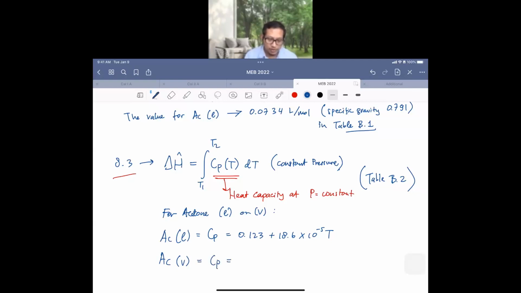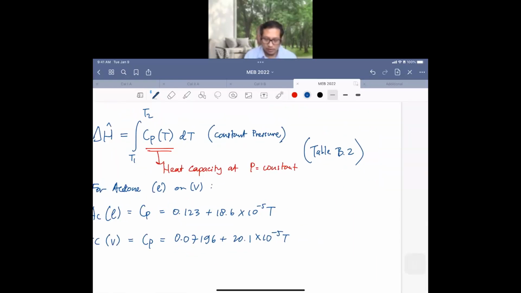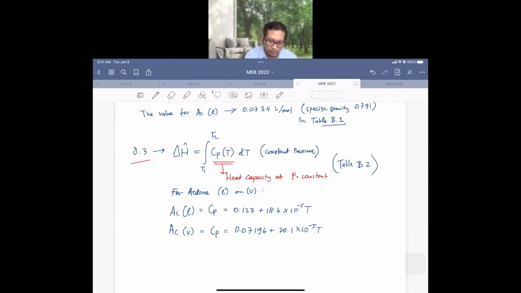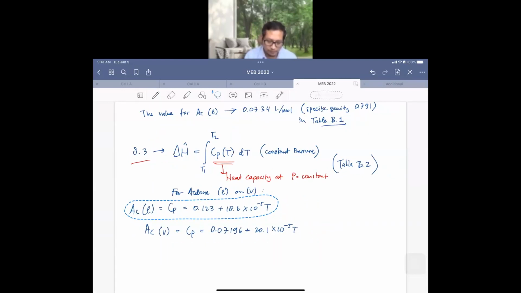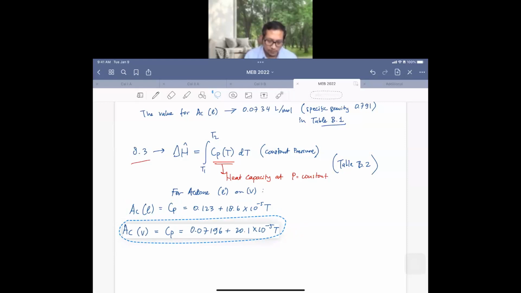We have Cp equal to 0.07196 plus 20.1, and it's a little bit long, so let me write a little bit to the left here and make it a little bit smaller.